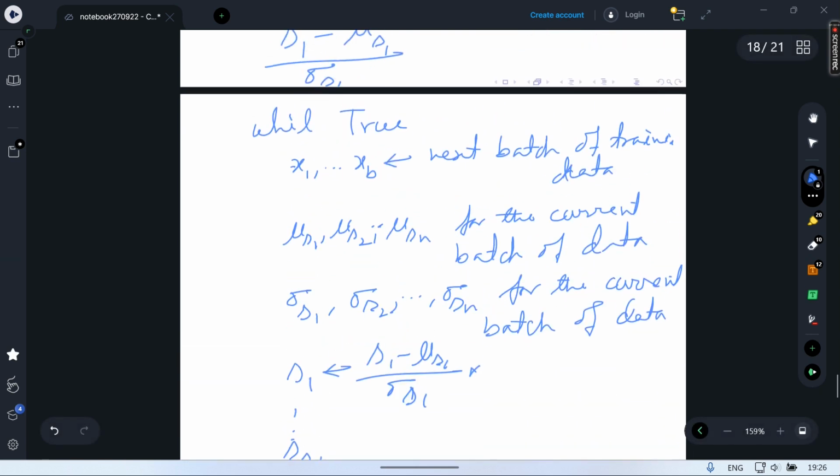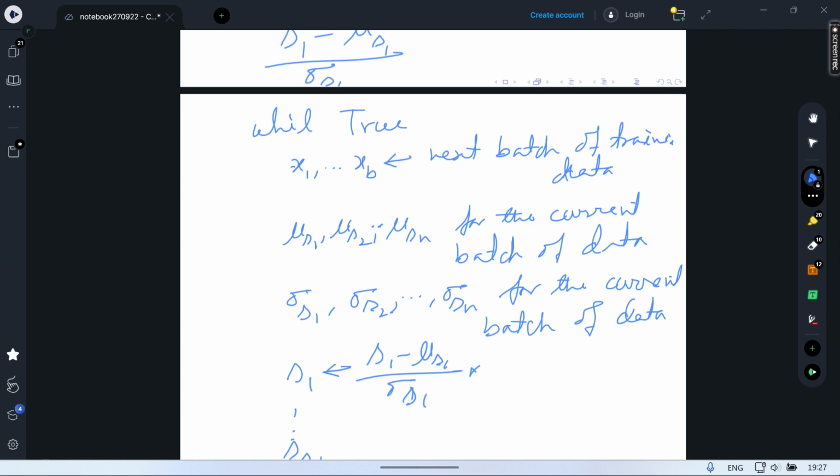Now there are many works which try to explain why it performs very well. Batch normalization is helpful for deep neural networks in many aspects. First of all, it makes the convergence of the training much faster. It also helps you use a larger learning rate.